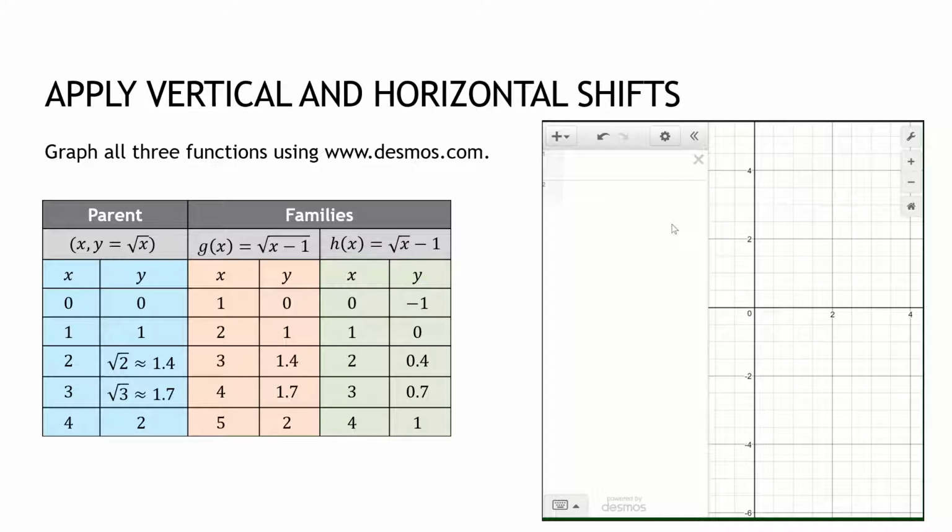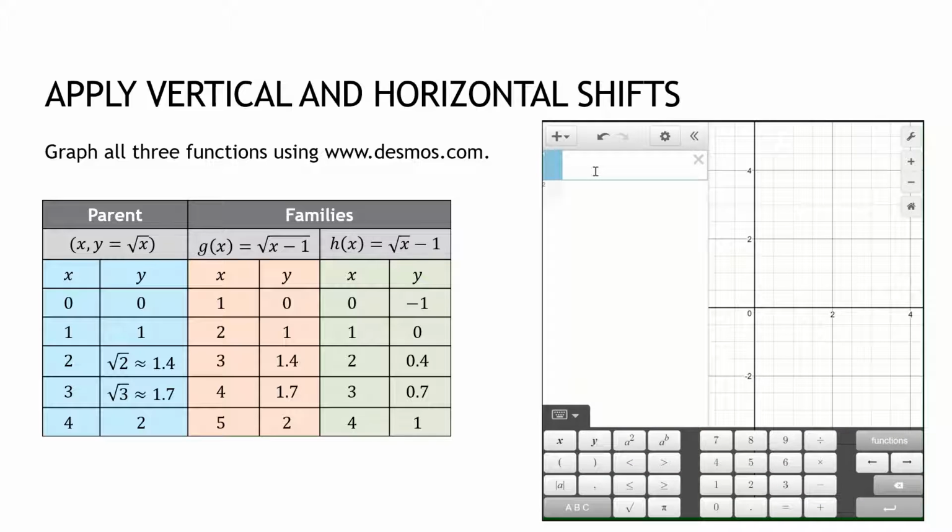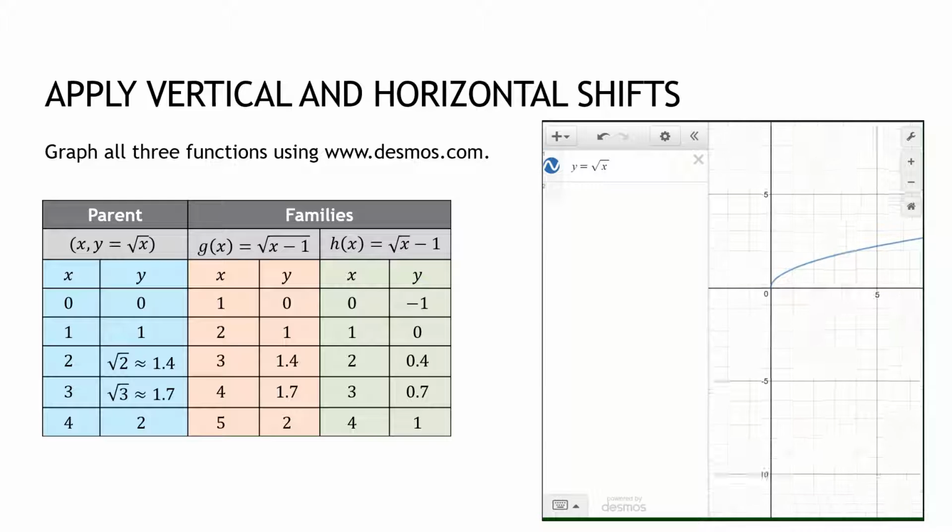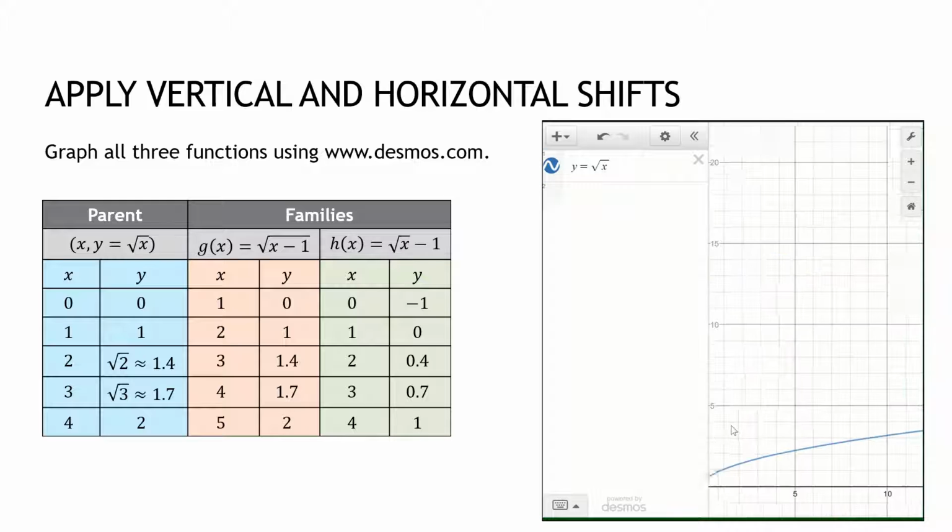Now I want to graph these in Desmos.com and just verify that the work I did is correct. So I'm going to type in y equals, and then use this square root function down here, and then x. As I can see, that does graph that function for me.